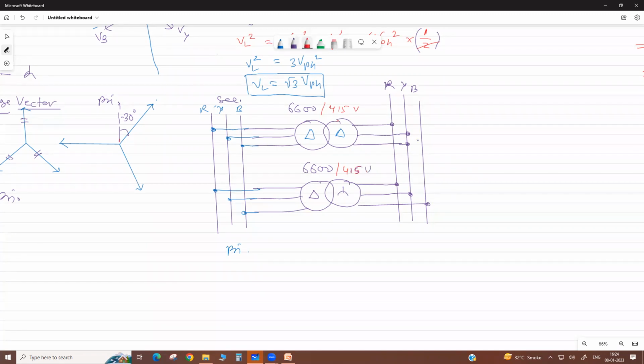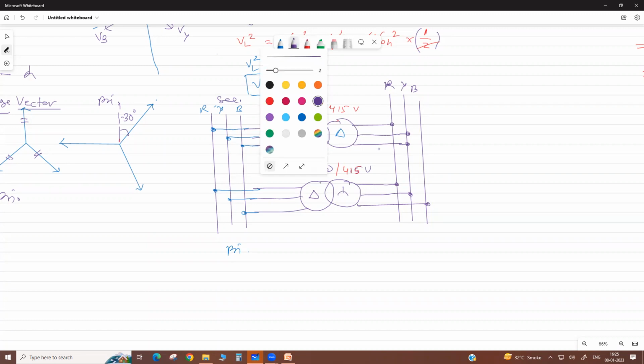But we do not connect this. Why? This is actually wrong. We never operate a star with a delta-star. Why? Because the line voltage magnitudes here and here are the same.